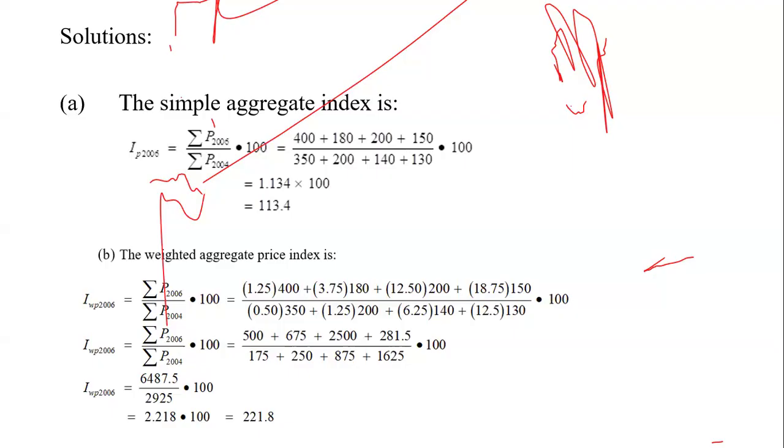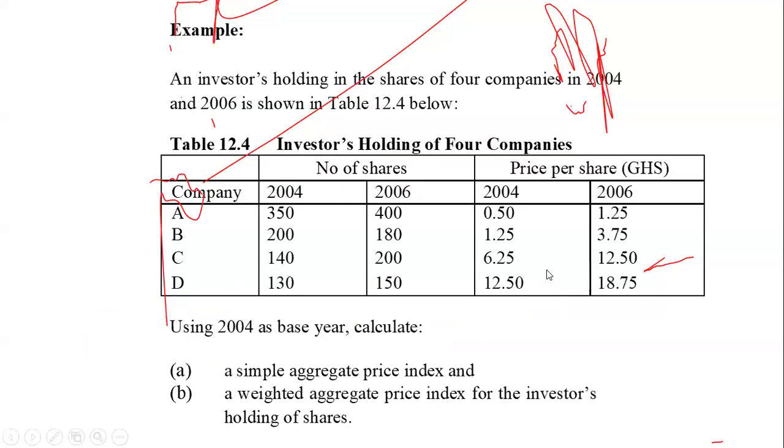Yes, sir. Why are you using the shares, not the price? Let me go back to the formula so that you see what the question asks you to do. An investor's holding in the shares of 4 companies in 2004 and 2006 is shown below. Using this as your base, calculate a simple aggregate price index and the weighted aggregate price index for the investors' holdings of shares.